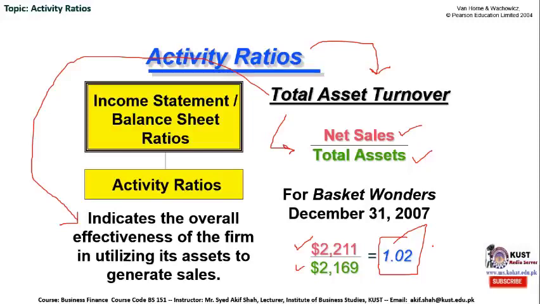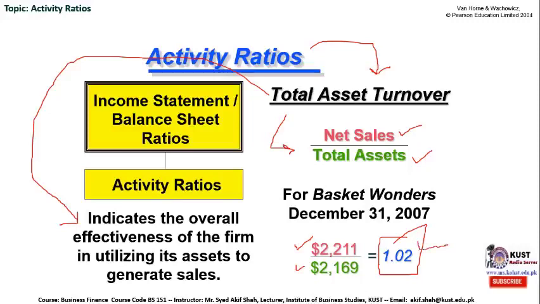However, we need to compare it with external companies in this industry, and we can compare with the industry benchmarks presented by Dun & Bradstreet and other independent financial analyst companies like Moody's and Fitch. They also provide financial statement analysis data where we can compare with other industry benchmarks. So the result for total asset turnover is 1.02.